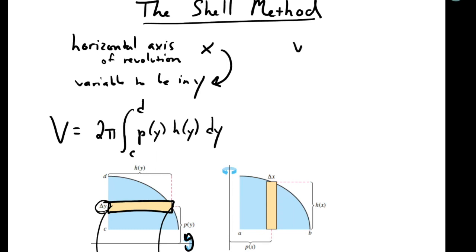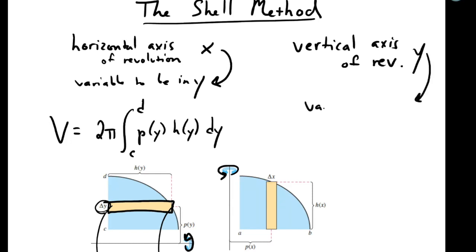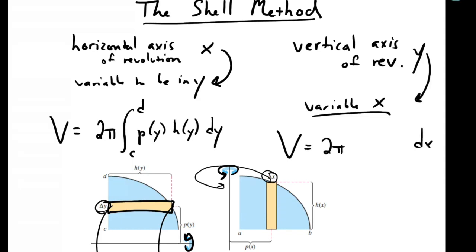On the other hand, if I have a vertical axis of revolution, since I'm going around the y-axis, I want to be in x variable. So now I'm rotating around, but my width is delta x, which would become my dx.